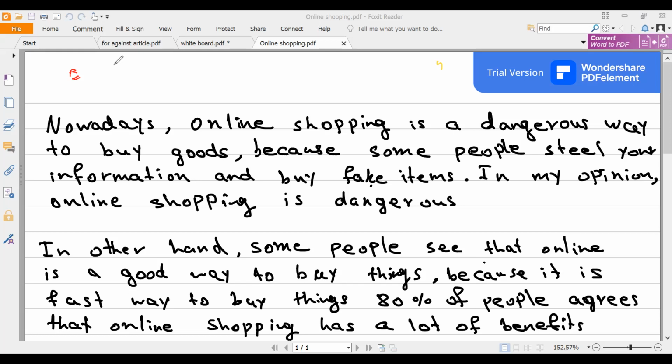If you agree about single-sex schools or mixed schools, he means males and females should be combined together, or males and females should be separated. Okay, this is the topic. I already sent a file in the group, Ahmed, that includes some helpful language to use in your writing, expressions, words, and so on, okay?